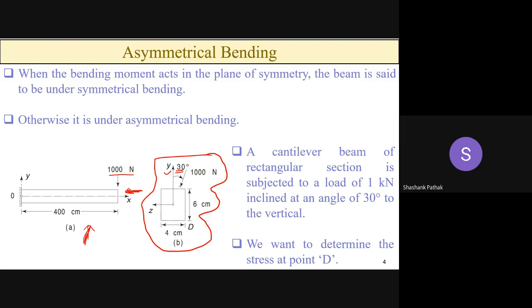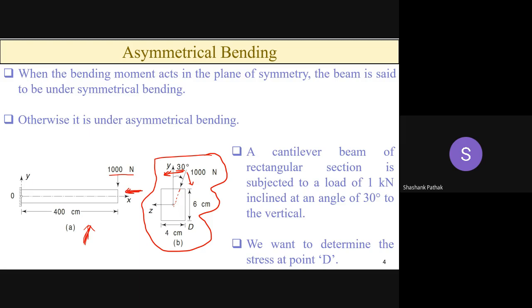This is basically passing through your centroid. So this will have two components, one component like this and another component like this. So this will have bending along the two axes. Basically this is an asymmetrical bending case and this may cause some kind of twisting of the system.